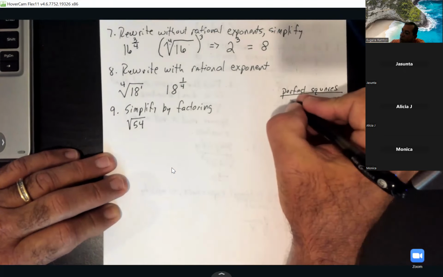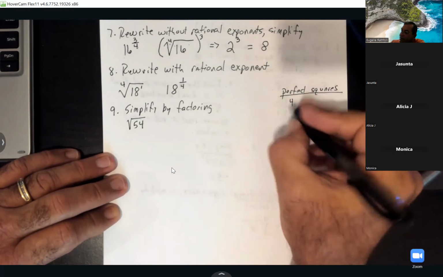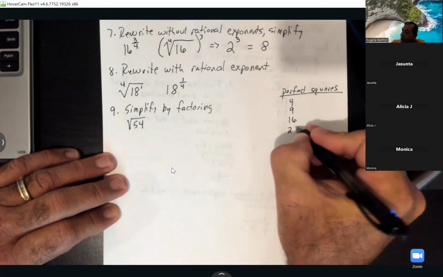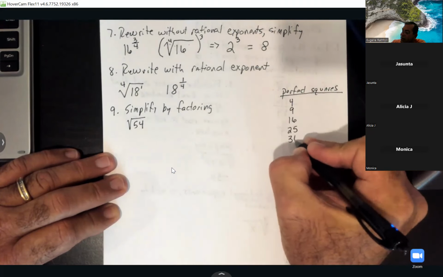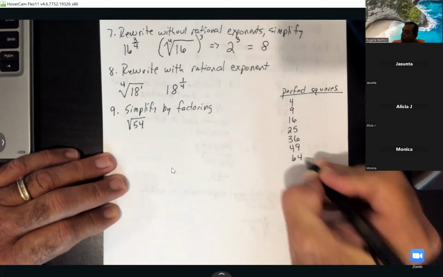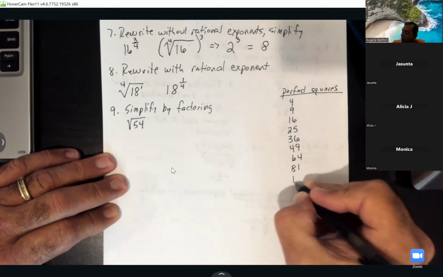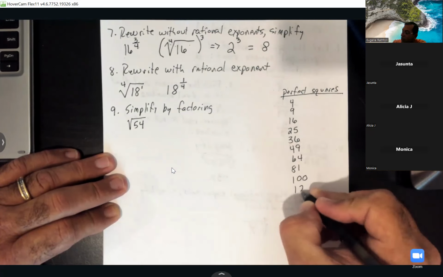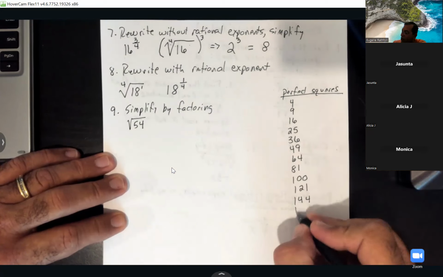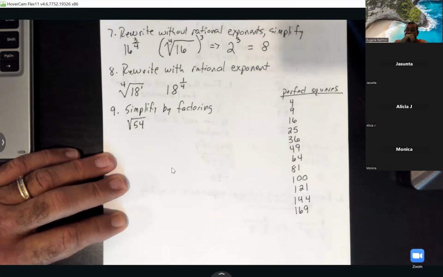So I'm looking for perfect squares like 4, which is 2 times 2, 9, 16, 25, 36, 49, 64, 81, 100, 121, 144, and I'll do one more, 169.